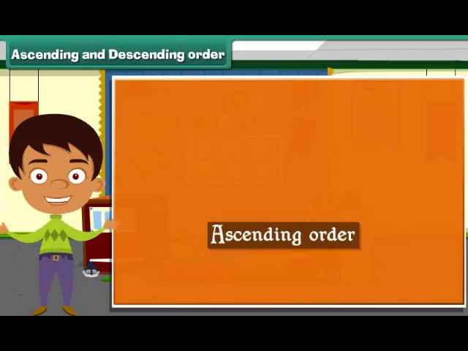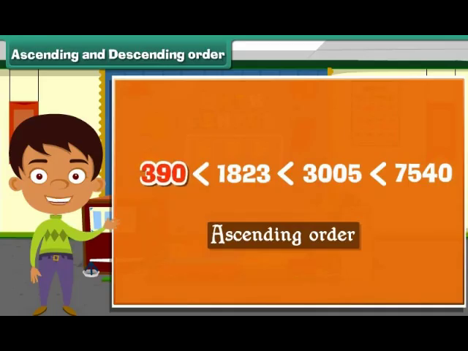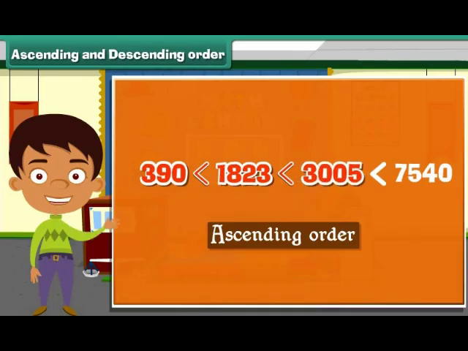Symbolically, the ascending order of numbers may be denoted by the less than symbol. For example, 390 is less than 1,823 is less than 3,005 is less than 7,540.